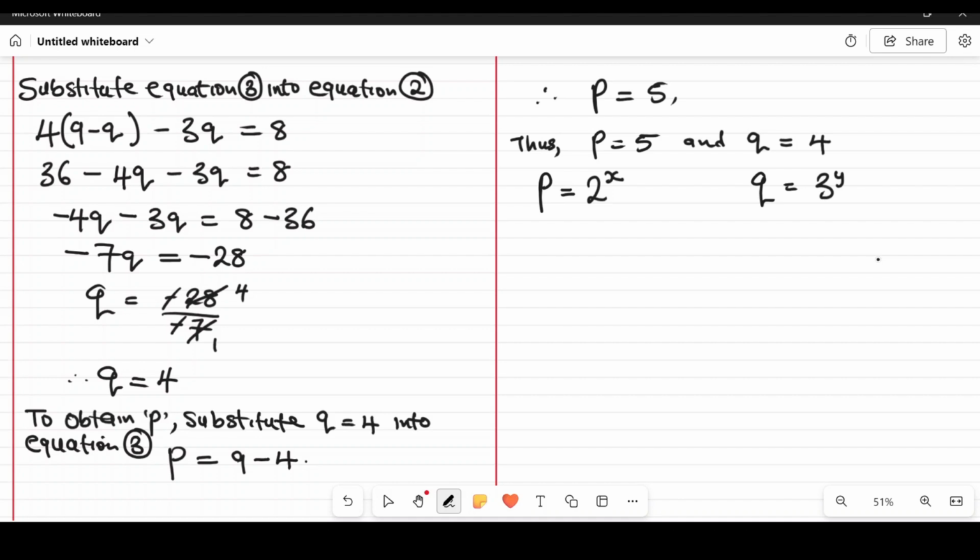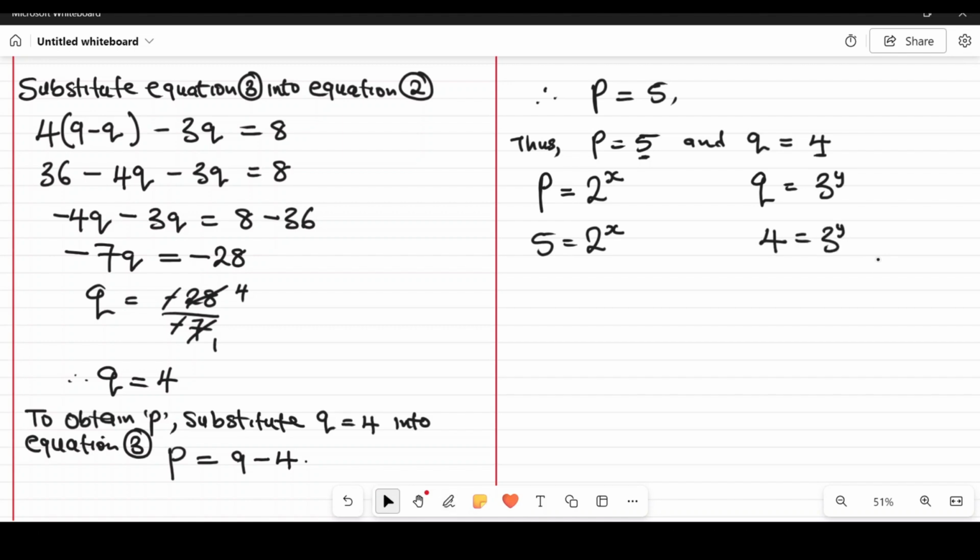Now, since p is equal to 5 and q is equal to 4, we have that 5 = 2^x and 4 = 3^y.